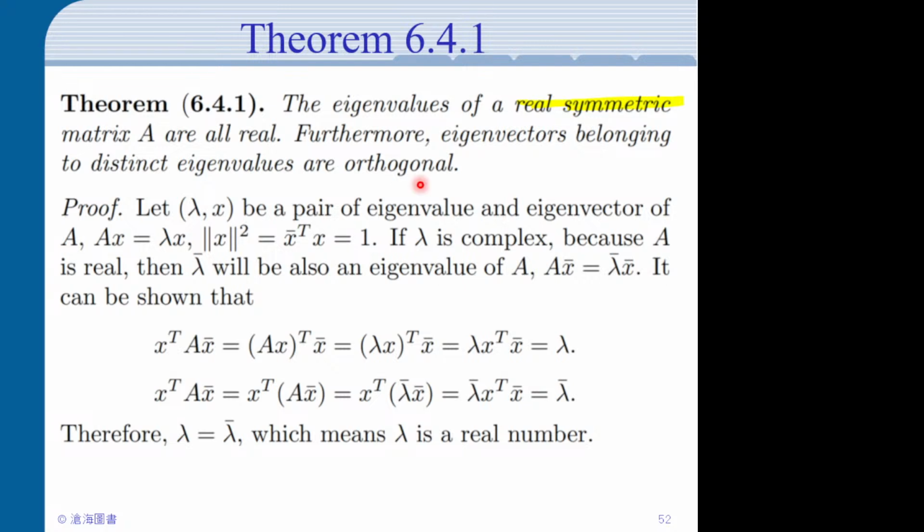And how we prove this is you just calculate this thing. Suppose you have some eigenvalue and eigenvector pair, so Ax equals lambda x. And to make things a little easier, let's normalize our eigenvector, so let's assume the norm of x equals 1. You can always normalize your eigenvector because we are in an inner product space.